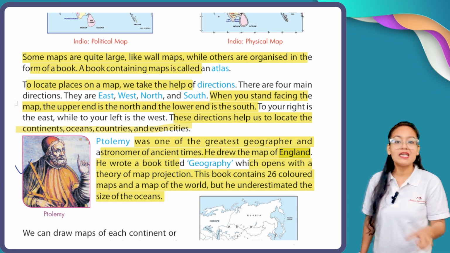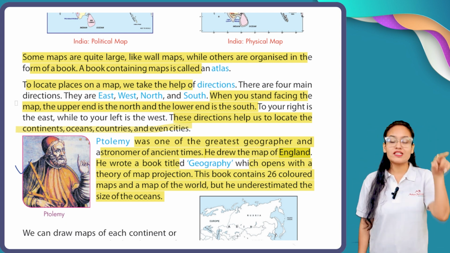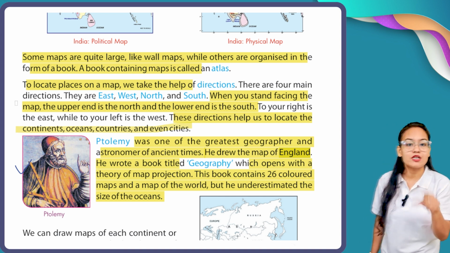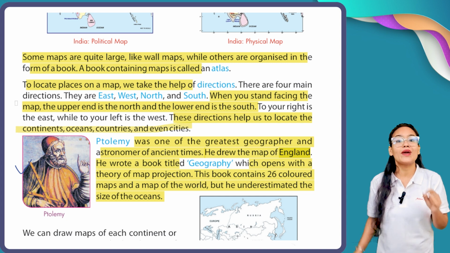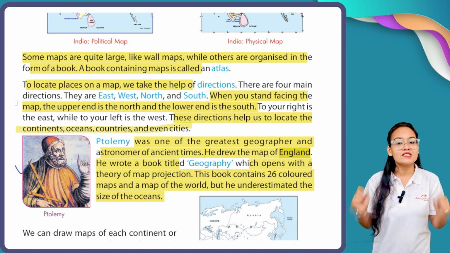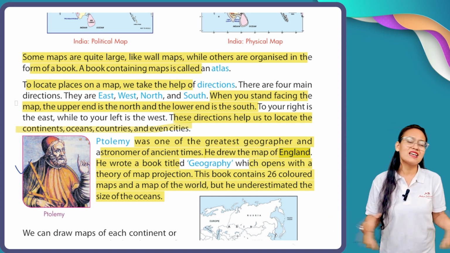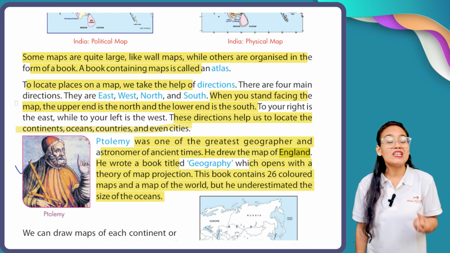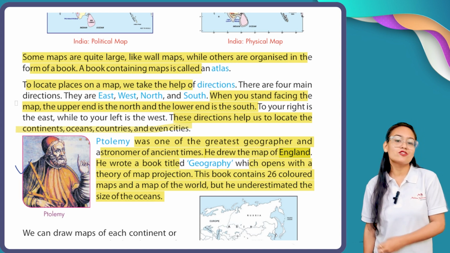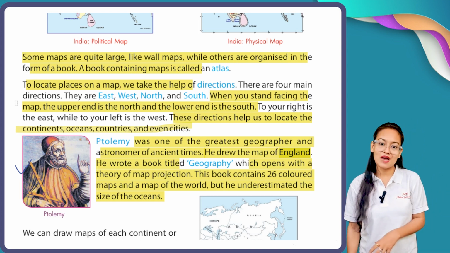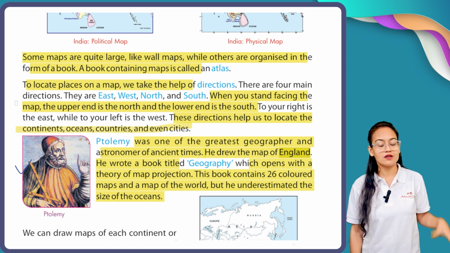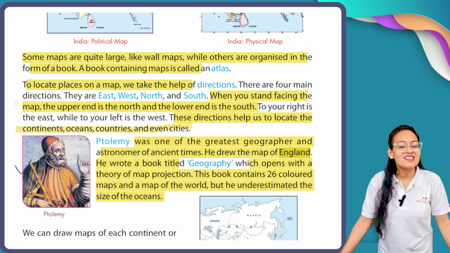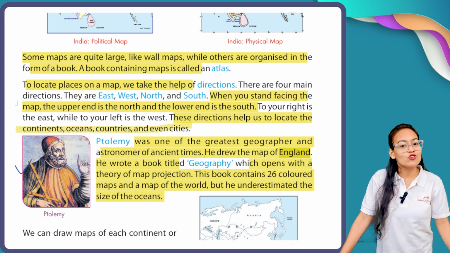He not only drew the map of England and wrote a book, he even drew 26 colored maps. But he underestimated the size of the ocean. Means in his map you can see large land masses.